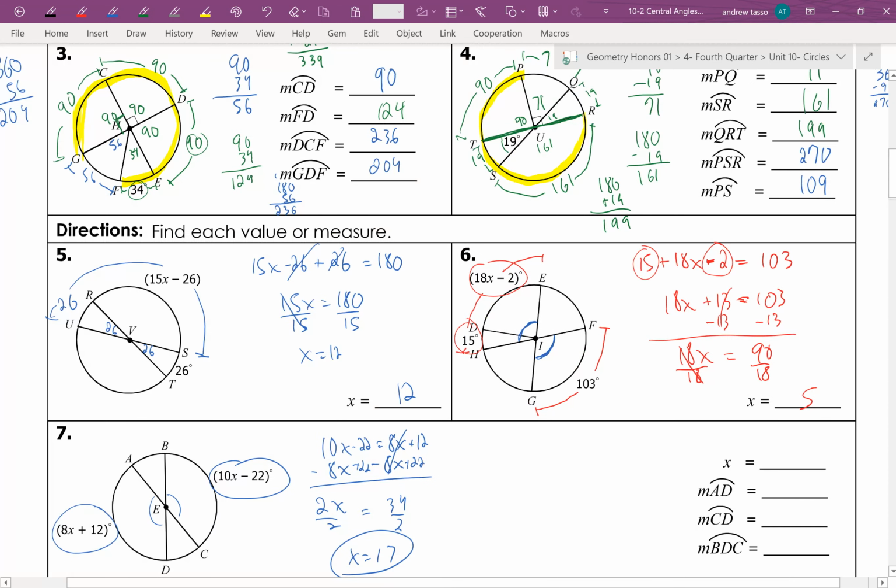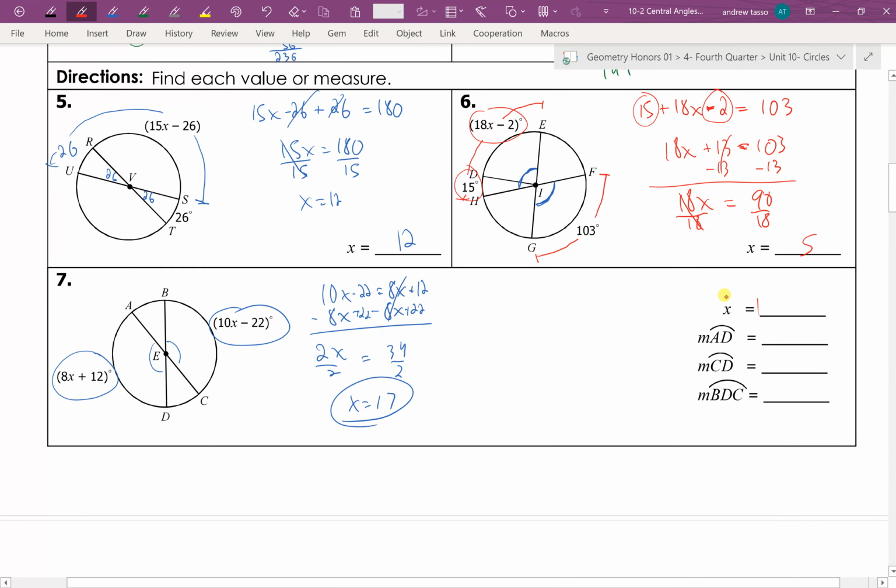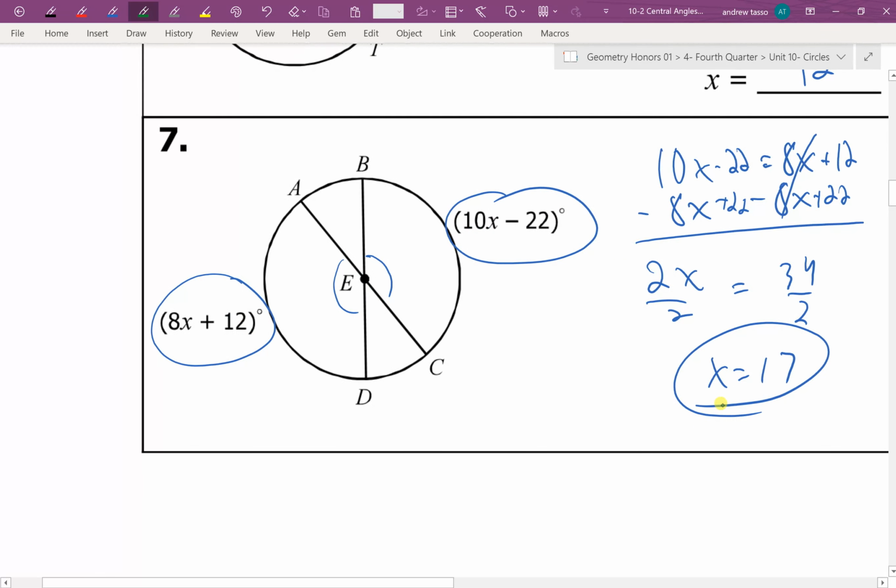Okay. Oh, incidentally, this one also wanted to know these values. So let's plug 17 back in. So if we plug 17 back in for x, for example here, we would get 17 times 10, or 170, subtract 22. So that should be 148, right? So these arcs are both 148.